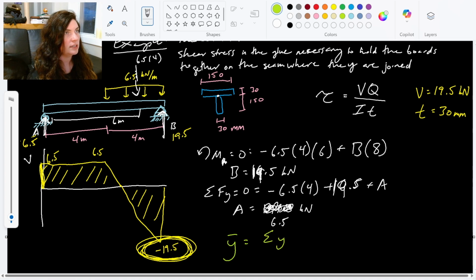Our centroid is sum of y tilde A over sum of areas. So our y tilde A, I'm just going to measure from the very bottom. If I look at my bottom shape, draw them out here. Here's our top shape. Here's our bottom shape. Let me draw them on top of each other.